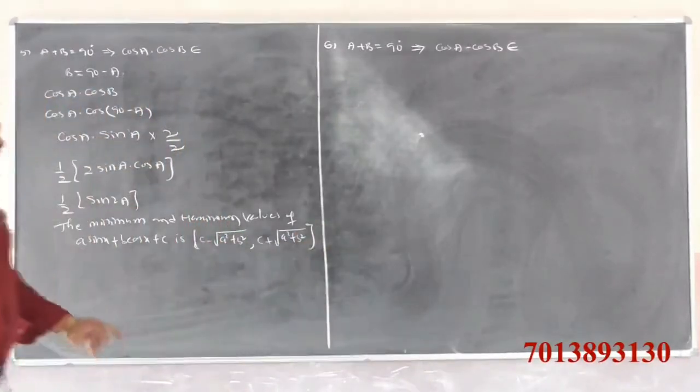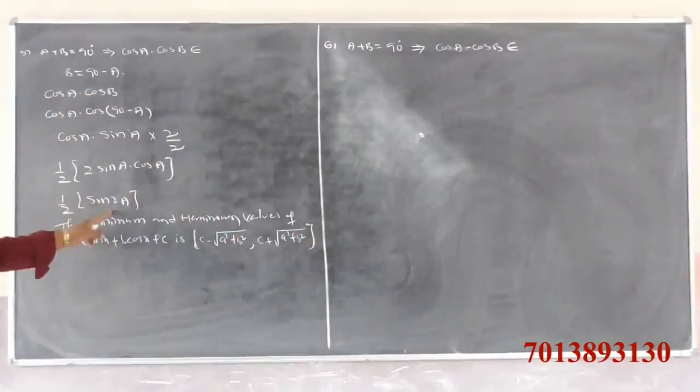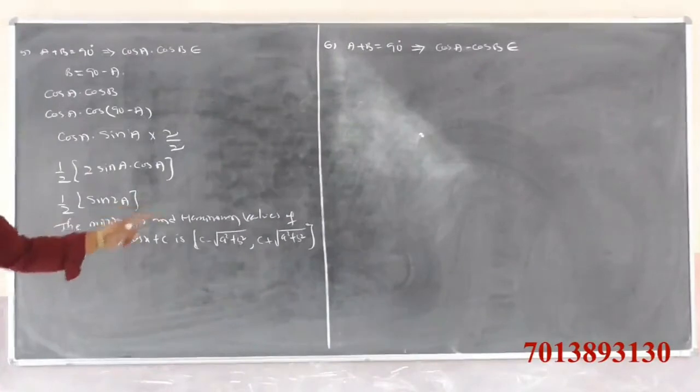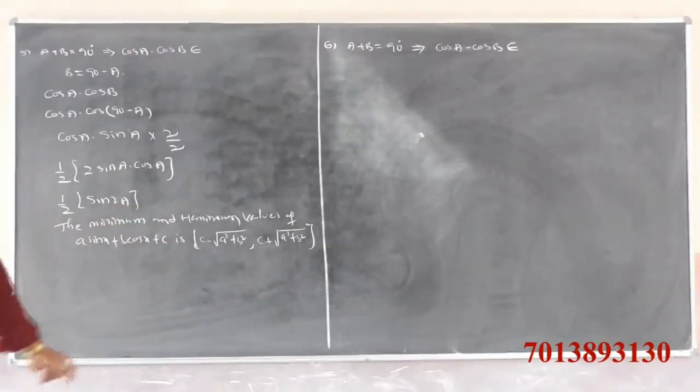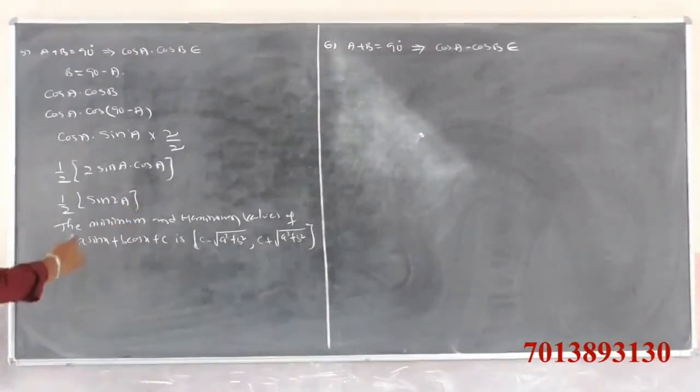It is in the form of A sin x plus B cos x, where the B value is 0 and the C value is also clearly 0. That gives the minimum and maximum value.